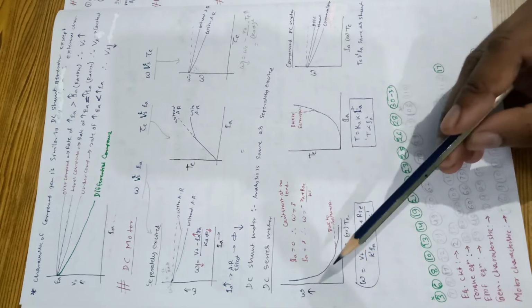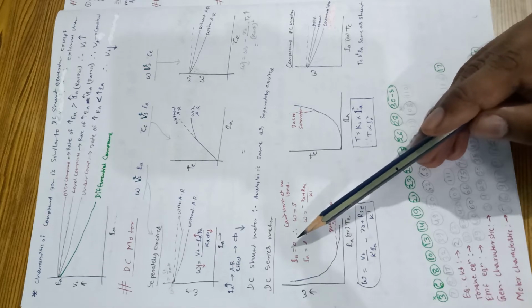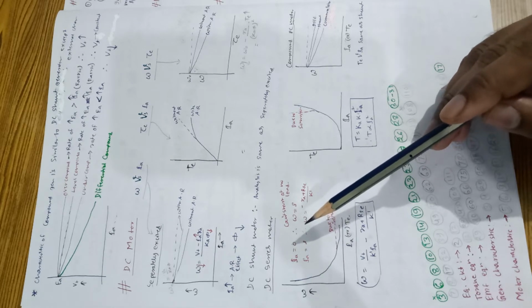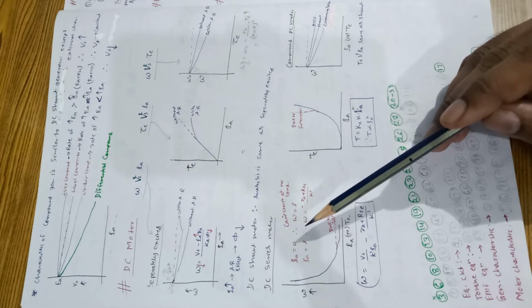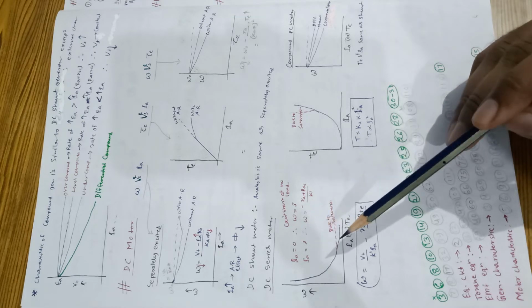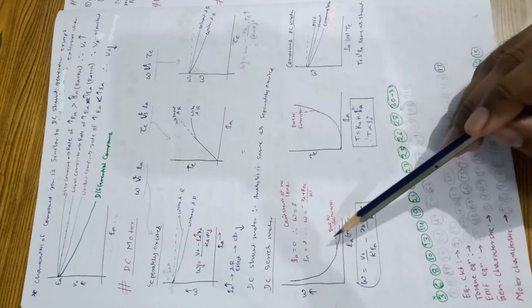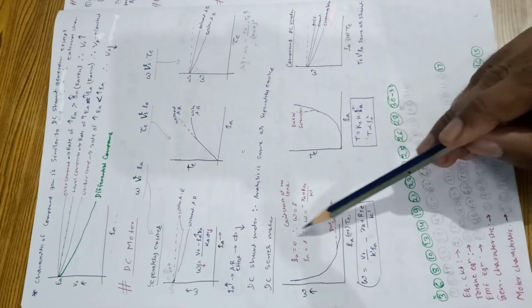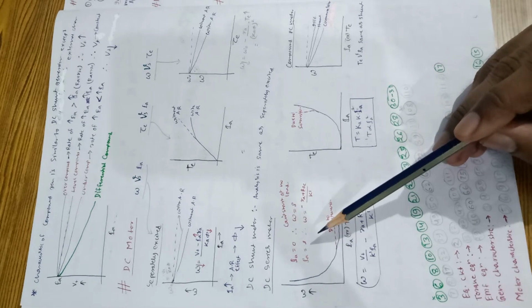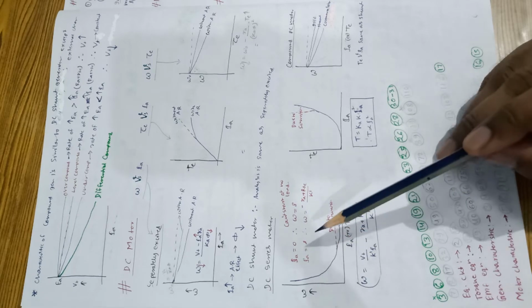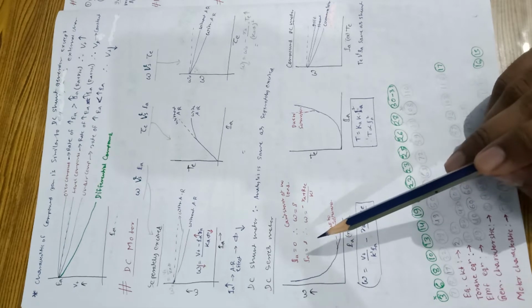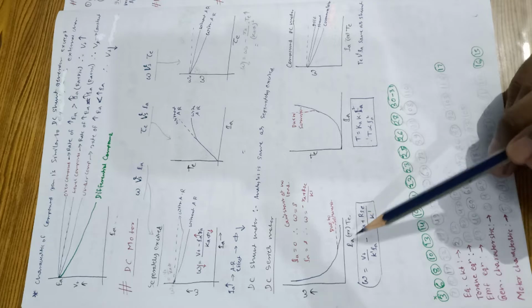Keep in mind that we cannot operate a DC series motor without load, at zero load or zero IA. It's because its speed is infinite, and the motor may get damaged due to very high speed. That's why we cannot operate at zero load or zero torque.